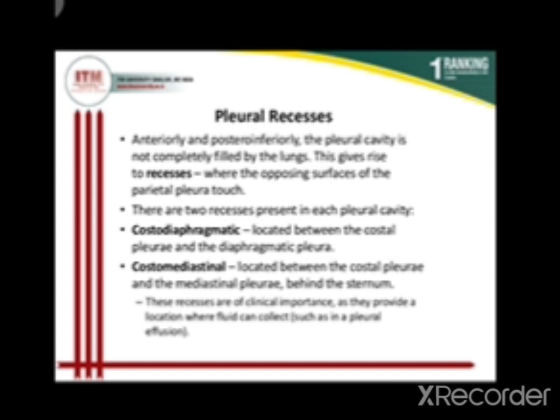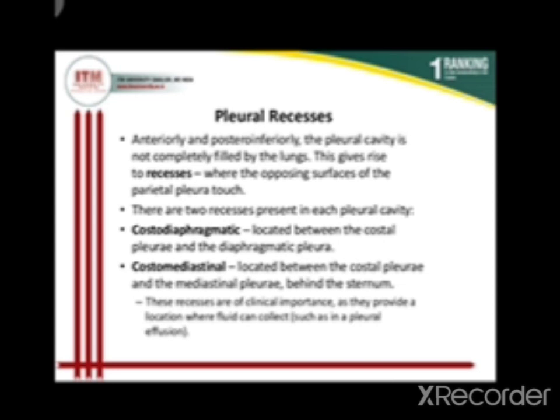So there are two recesses present in each pleural cavity. The costodiaphragmatic recesses are located between the costal pleurae and the diaphragmatic pleura, and the costomediastinal recesses are located between the costal pleurae and the mediastinal pleurae behind the sternum. So these are the two pleural recesses.